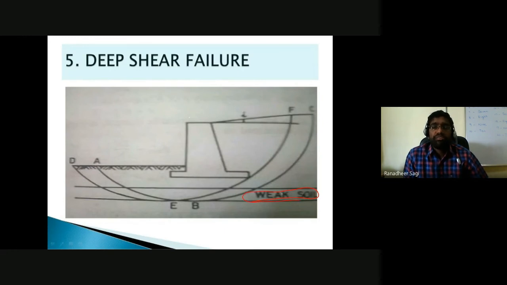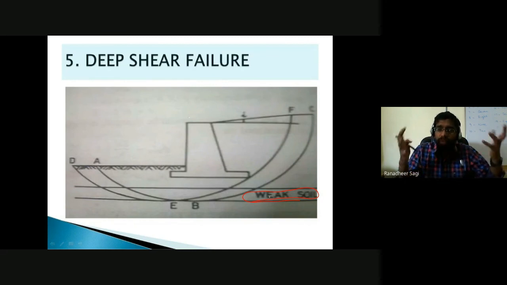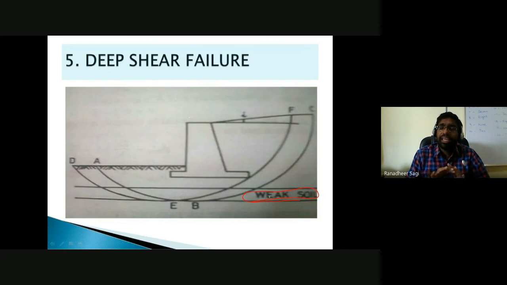Okay, so in case you have a weaker soil strata underlying a stronger soil strata, there could be some possibility that if the load transfer is happening from your retaining structure onto the stronger soil strata, and the load is retained only by that stronger soil strata, then no problem. But in case that load transfer is further happening onto the weaker soil strata, then the shear failure surface even gets extended into your weaker soil strata, which causes instability to your retaining structure.